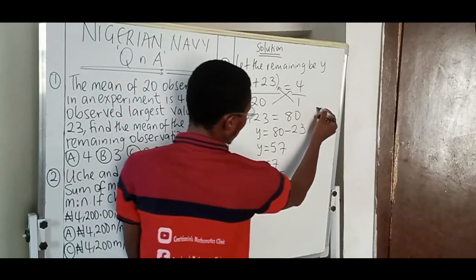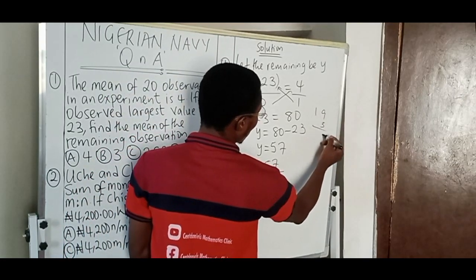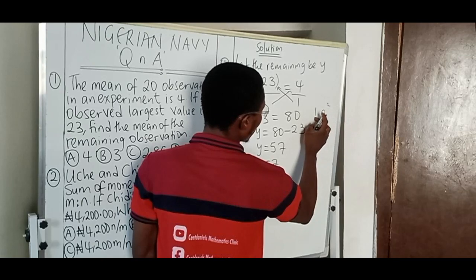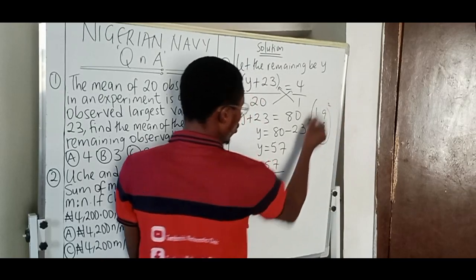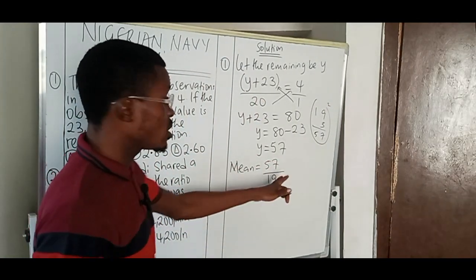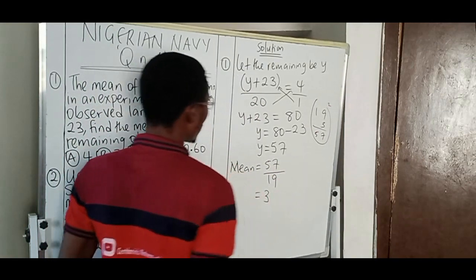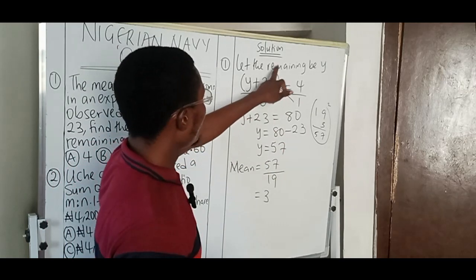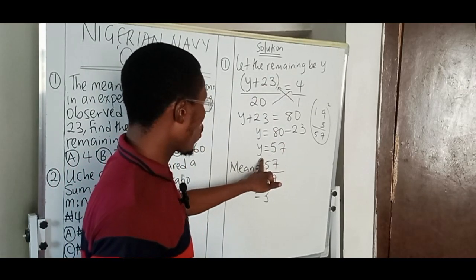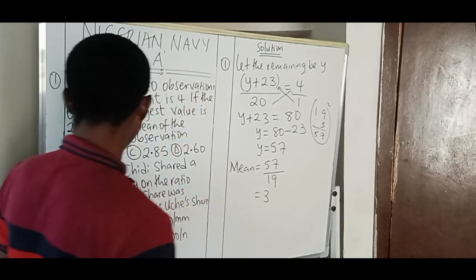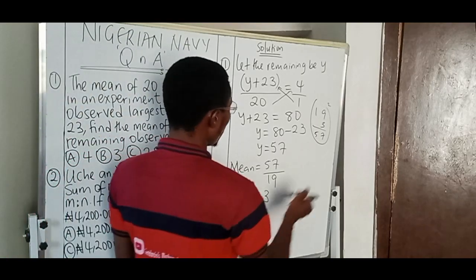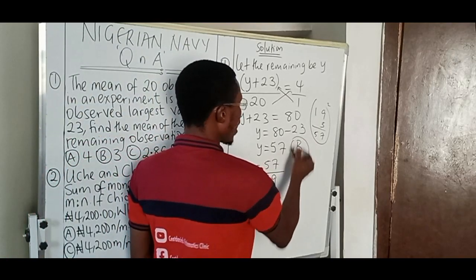So let us find 19 times 3. 3 times 9, 27. 7 carry 2. 3 times 1, 3 plus 2, 5. You can still just punch your calculator to get the answer. I'm just doing this without the use of a calculator. So we'll have 3. So the mean of the remaining observation, which is Y, is given to be 3. And that is given by option B. So option B gives the correct answer to number 1.